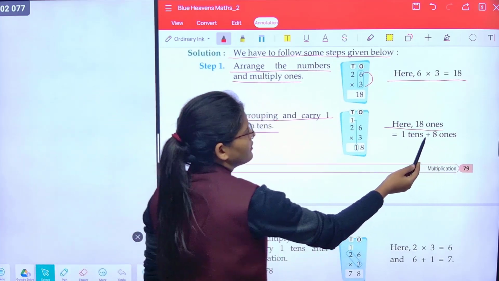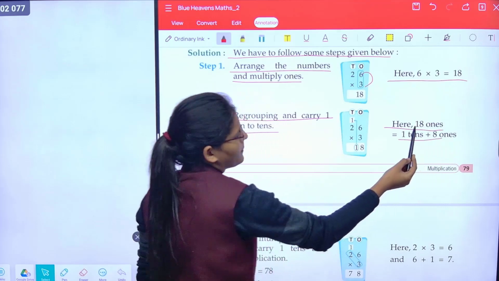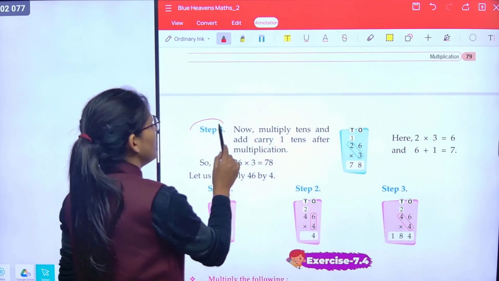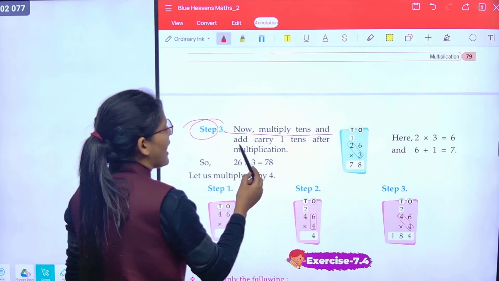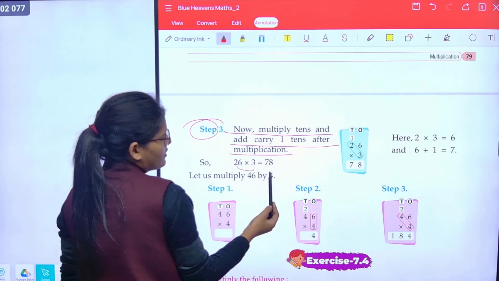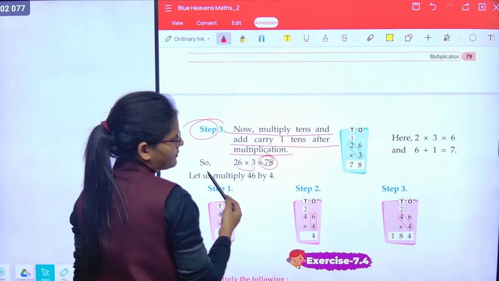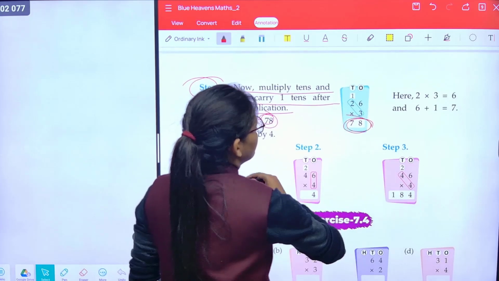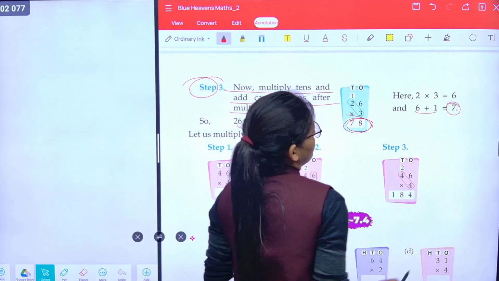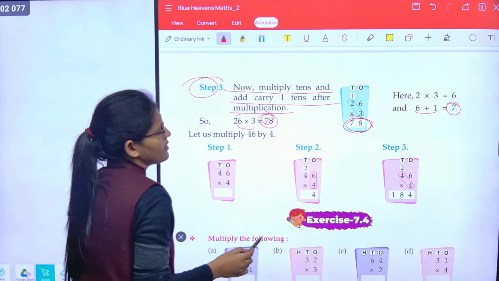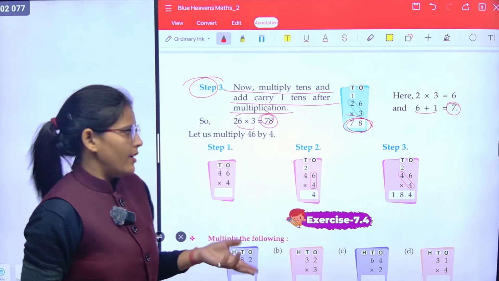Here 18 ones is 1 ten plus 8 ones. Step 3. Now multiply the tens and add the carried 1 ten after multiplication. 2 3s are 6, 6 plus 1 is 7. So the product of 26 multiplied by 3 is equal to 78.